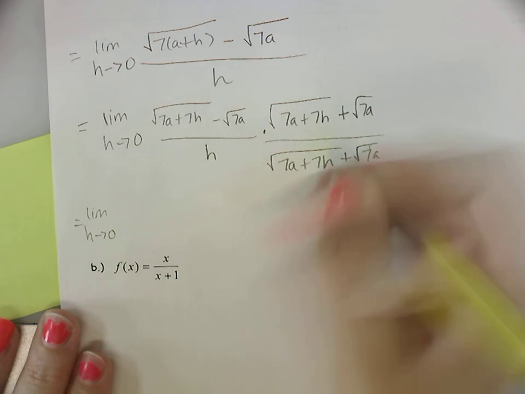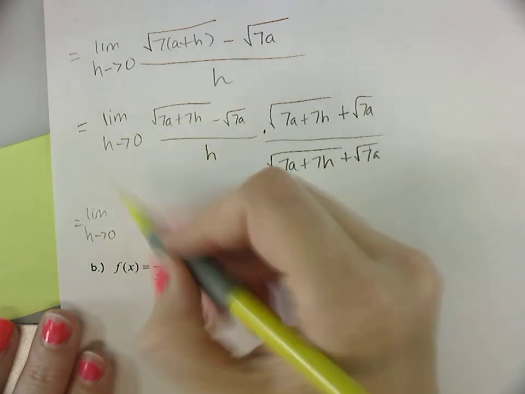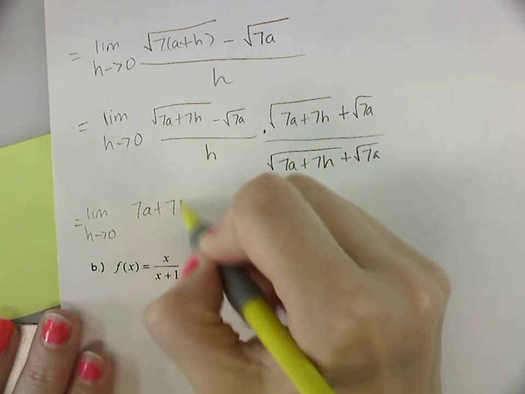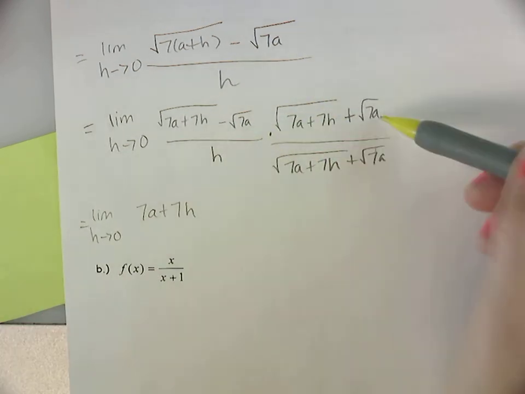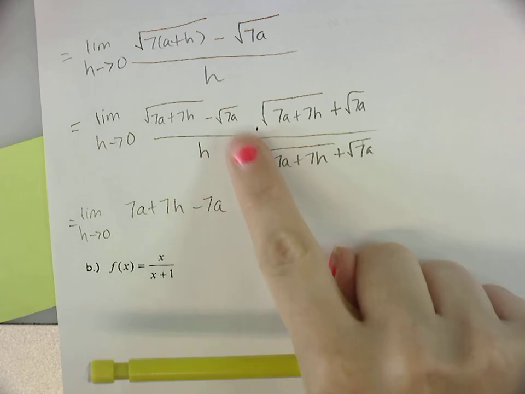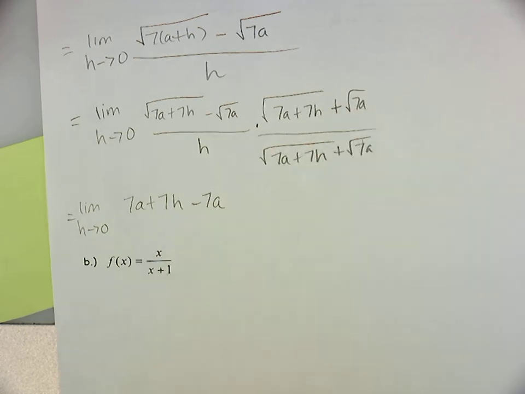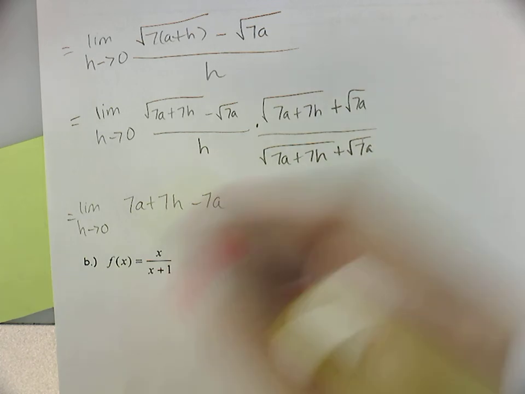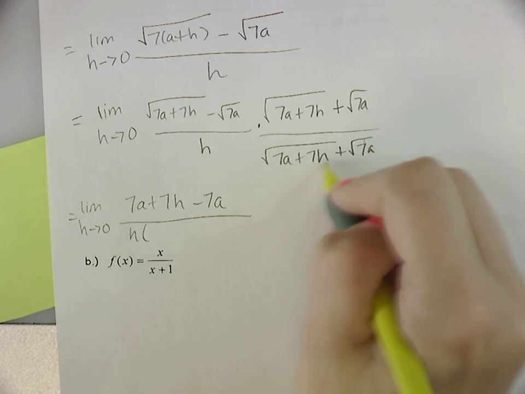So when you're rationalizing, when you're multiplying those together, we still have our limit as h goes to 0. So the square root of 7a plus 7h multiplied by itself is 7a plus 7h. And then the negative square root of 7a times the positive square root of 7a is minus 7a. This is another part where people forget: you do have to distribute if there's more than one term. 7a is just one term, so luckily we don't have to worry about that yet. And then the denominator is h multiplied by this value.